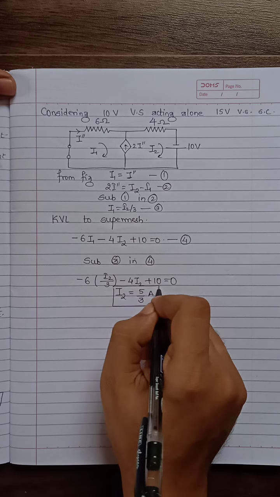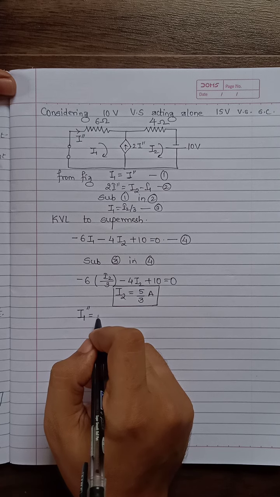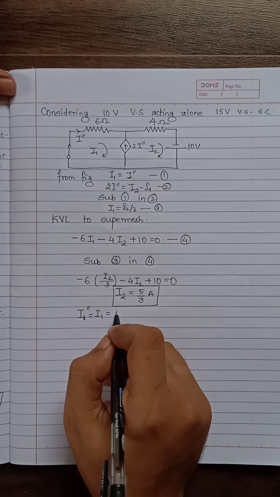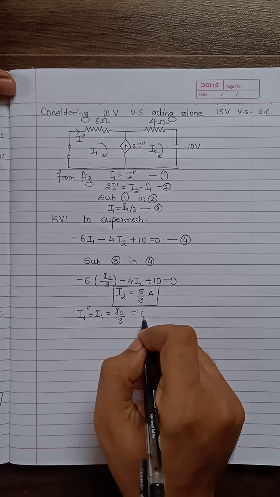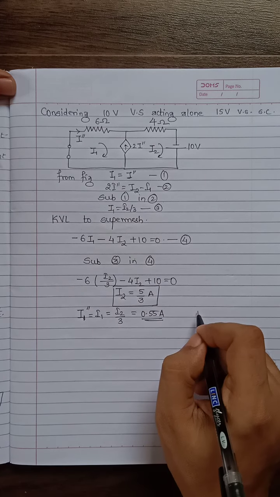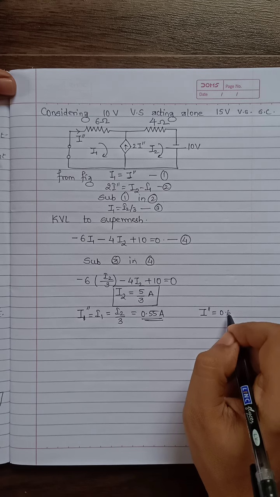Once I know I2, I can find I1, or I double dash, which is I2 by 3. So this will be 0.55 ampere. So I have got I double dash and I dash. I double dash is 0.55 ampere.